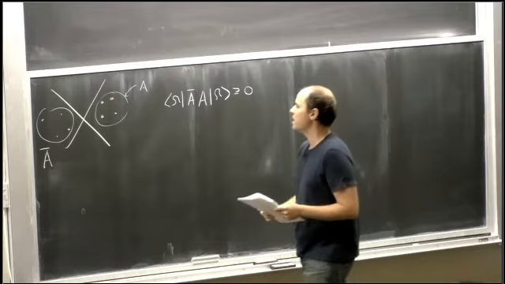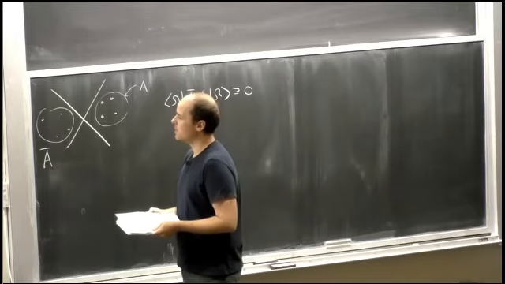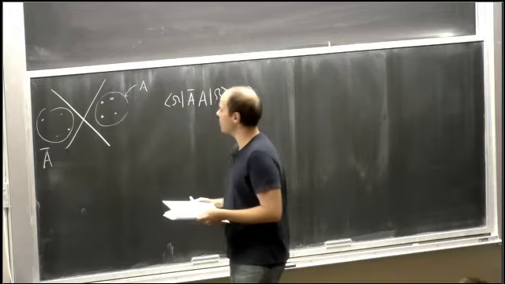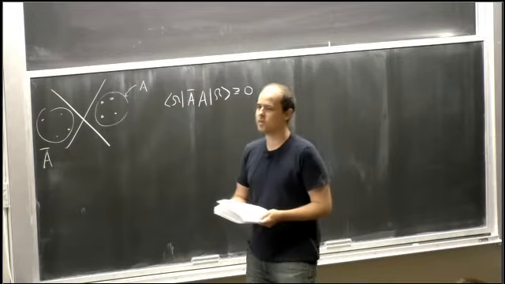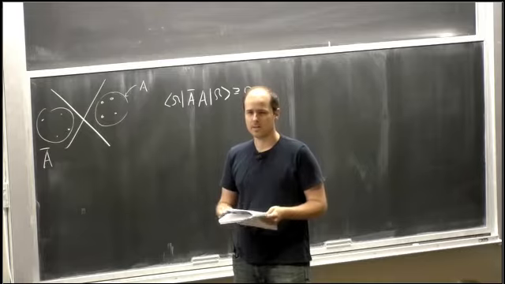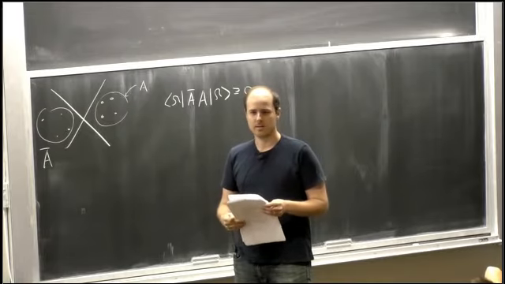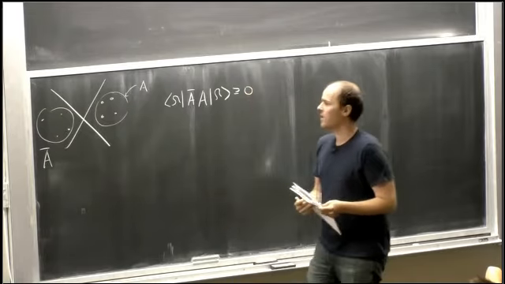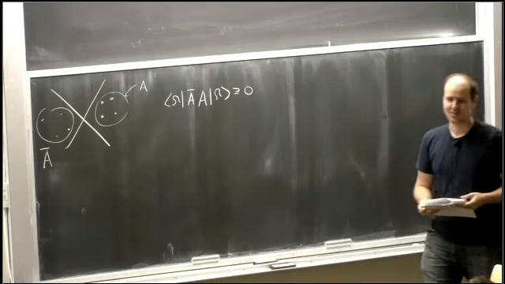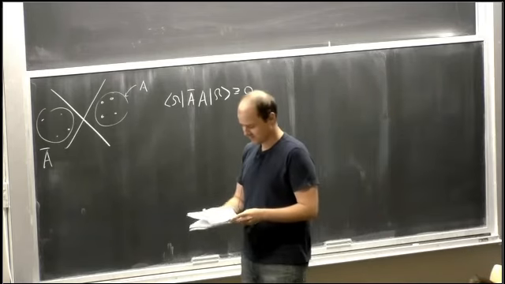I think that maybe the cleanest way to argue for this uses Tomita-Takesaki theory. Did Tom Faulkner talk about that at all? He did. Great. So exercise: look at Tom Faulkner's notes and try to prove this for yourself.